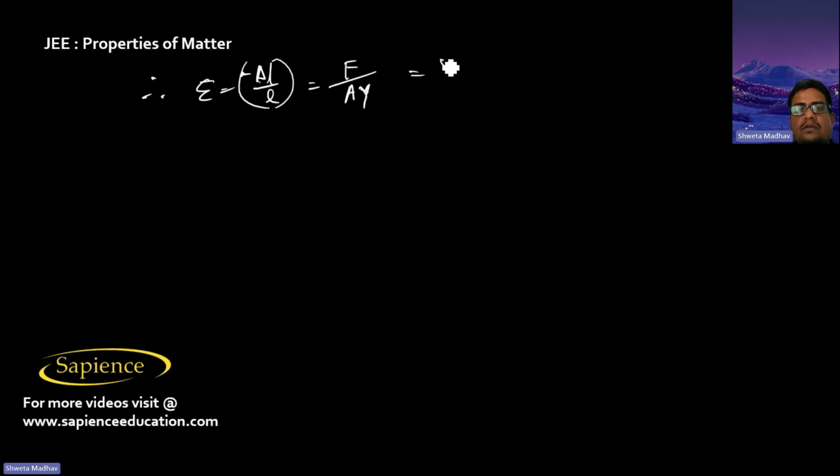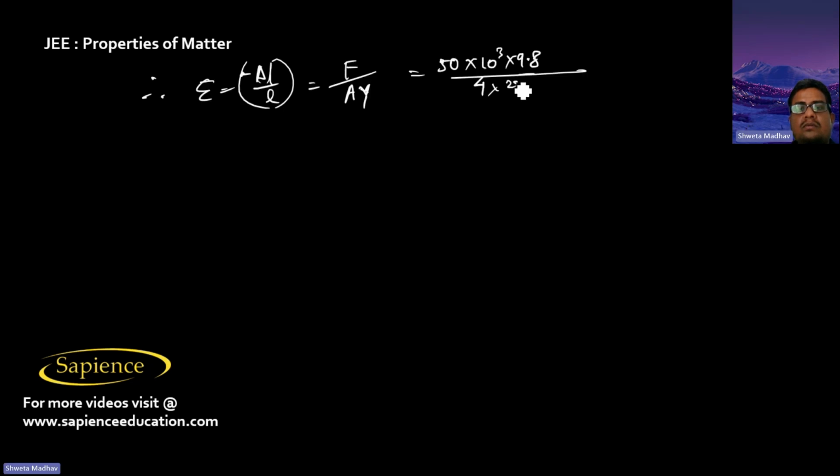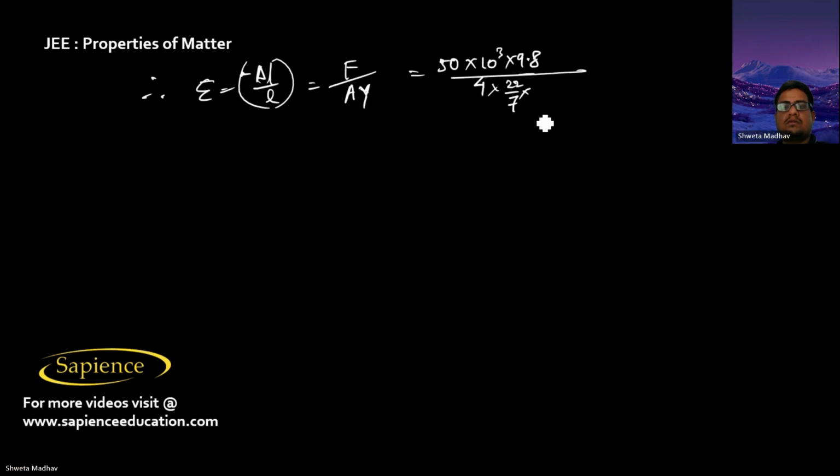Which will be F, that is mg by 4, 50 × 10^3 into 9.8 by 4, into area, that is pi. Pi is 22 by 7 into R square minus r square, so 1 square minus 0.5 whole square.